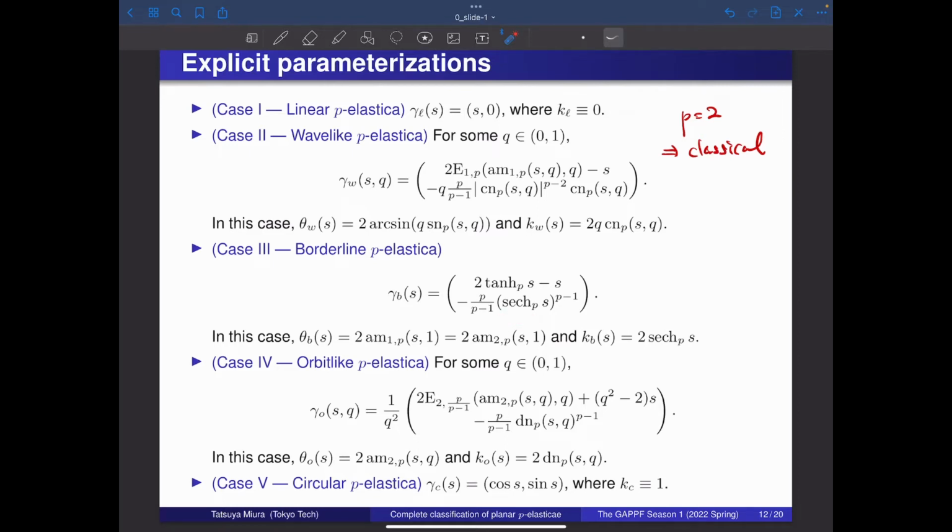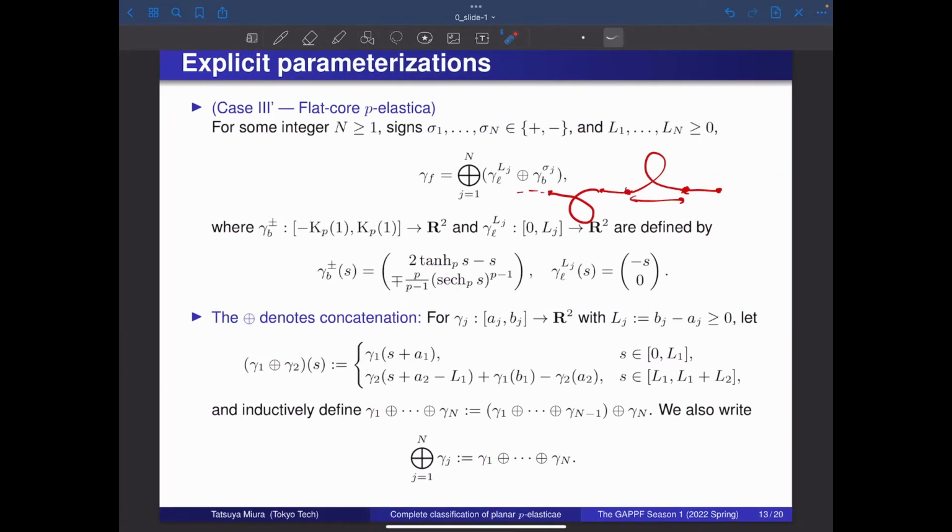So the positive part is a bounded interval, in fact. In this sense, this loop is a bounded loop, in contrast to the previous borderline case. But the parameterization itself is almost the same.